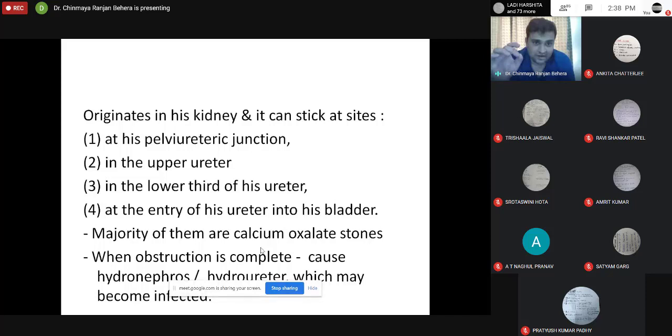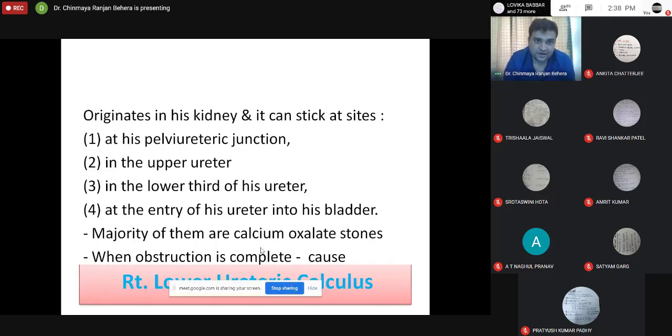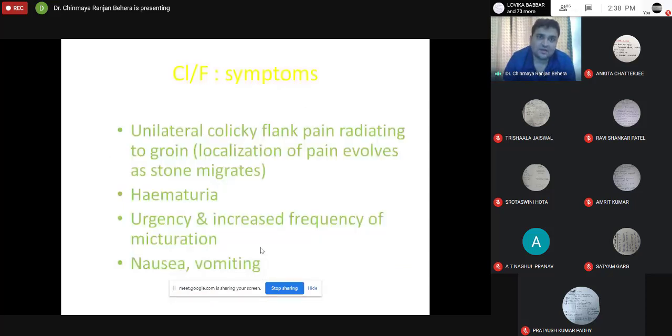When there is complete obstruction, they can cause hydronephrosis or hydroureter, and they can become infected. And then they present with colicky unilateral pain. In this case, the patient will present with a right-sided colicky abdominal pain with hematuria, with or without urgency and increased frequency of micturition, and nausea and vomiting.